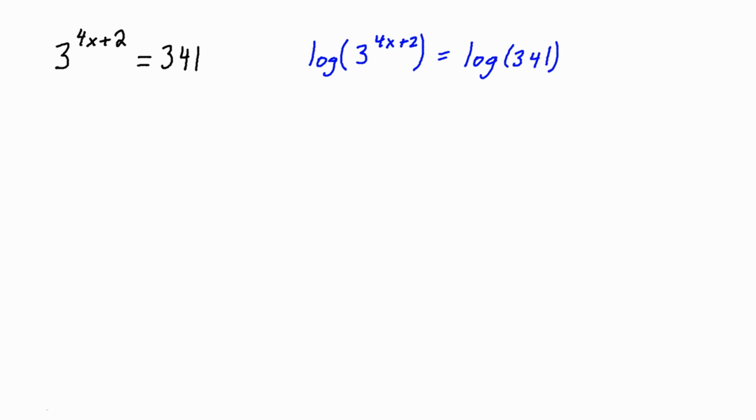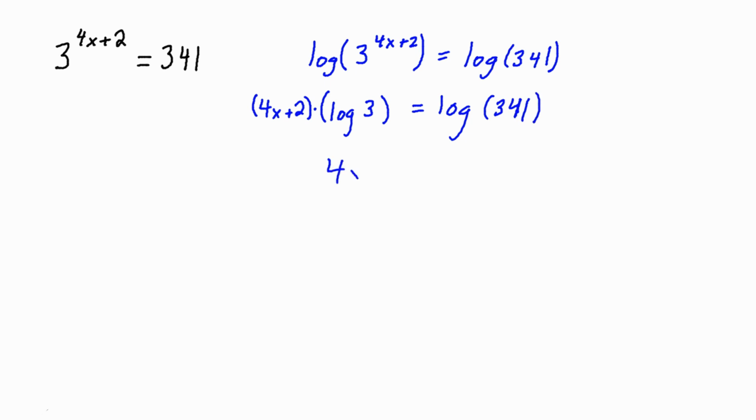Now we're ready to bring our exponent in front using our power property, which gives us parentheses 4x plus 2, close parentheses, times log of 3 equals log of 341. Now we can divide both sides by log of 3.